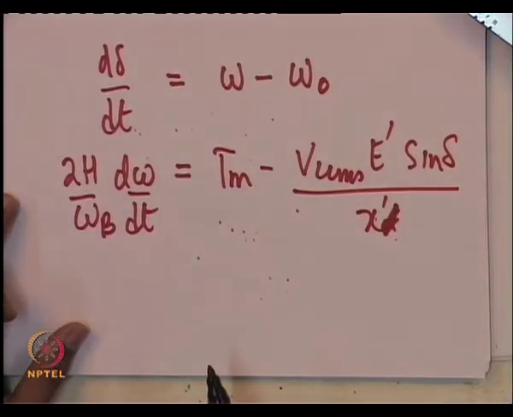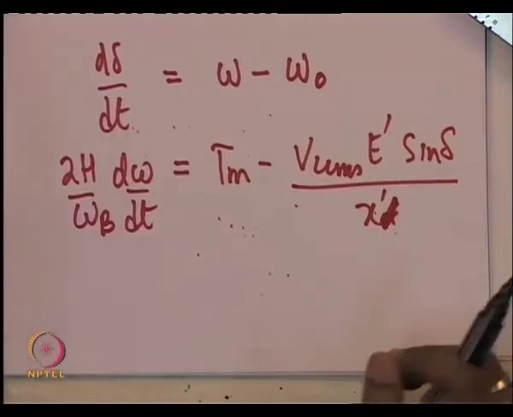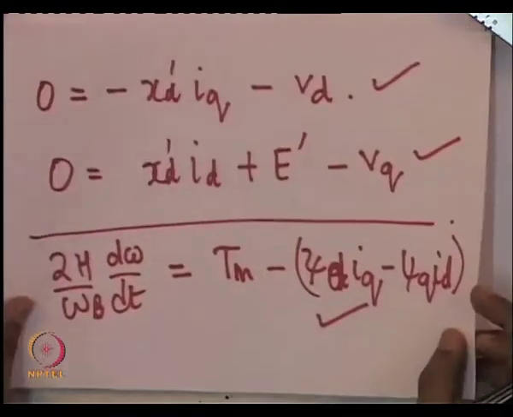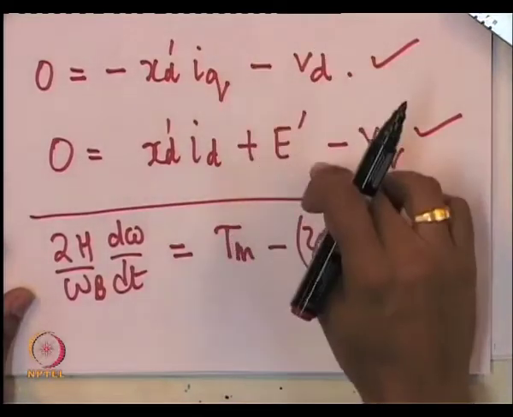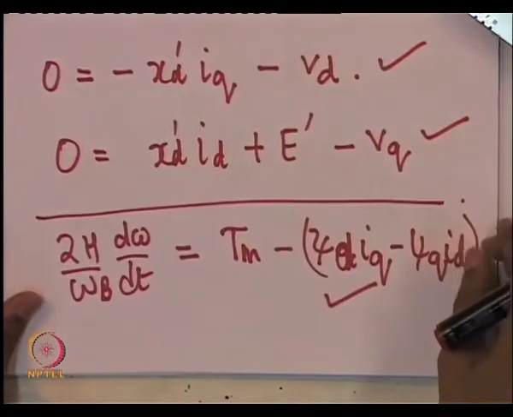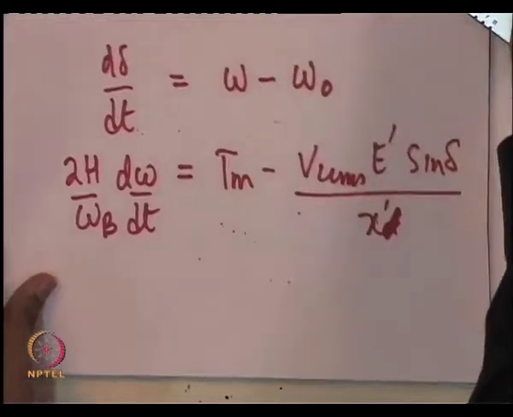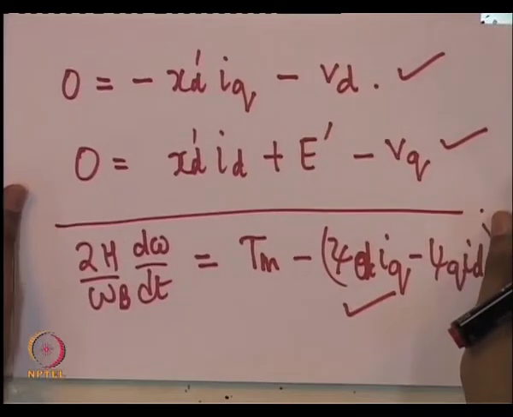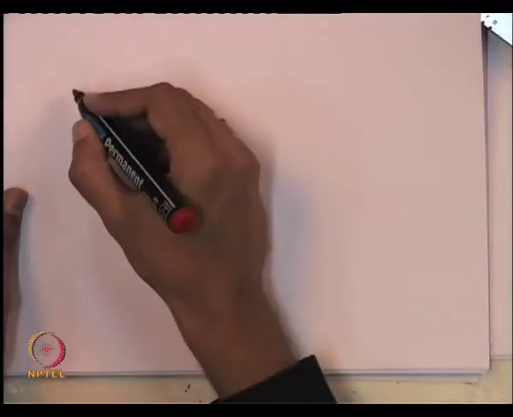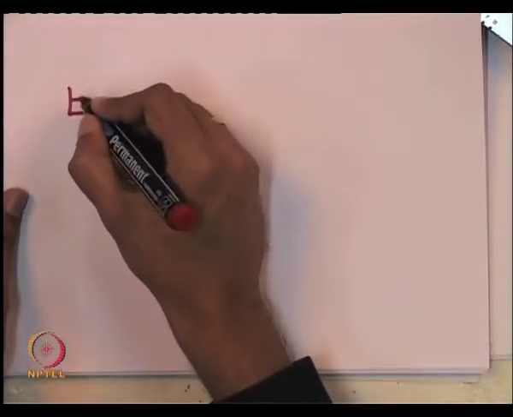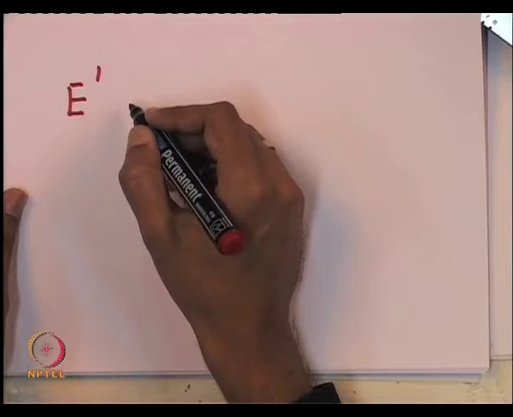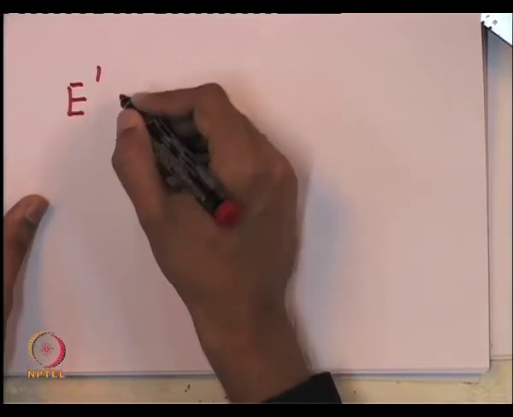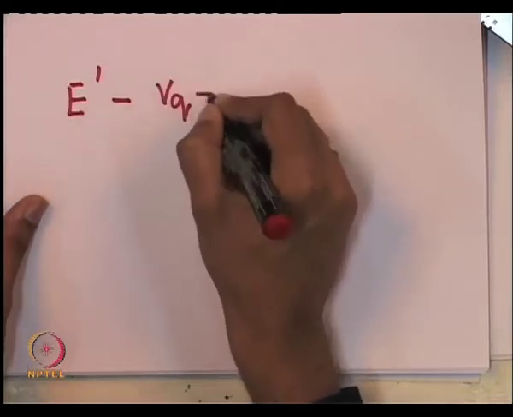Now, another interesting thing is, from these algebraic equations, you can write this very compactly. You will have E dash minus V q plus j V d.